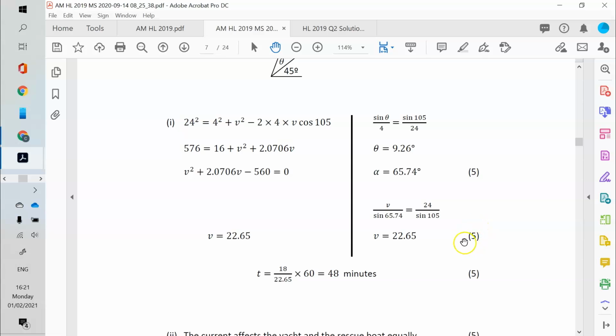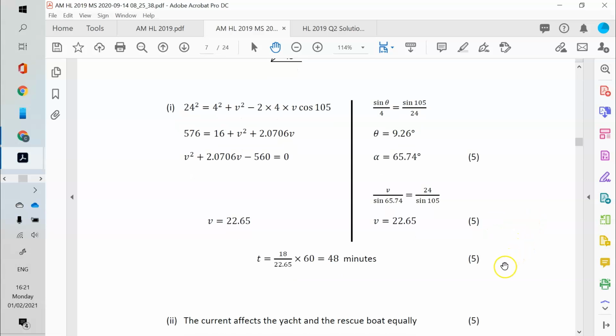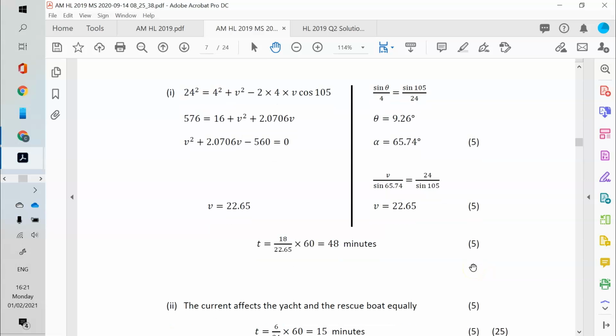The second 5 marks is for your second substitution into your sine rule and solving that and coming up with the velocity, which is what they did here on the cosine rule as well. And then your third 5 marks comes for actually calculating the time in minutes as they asked.